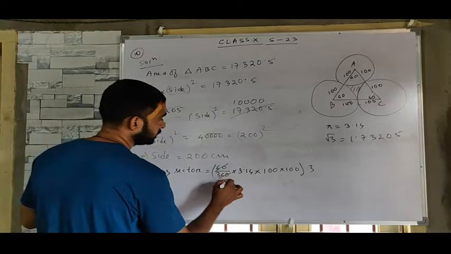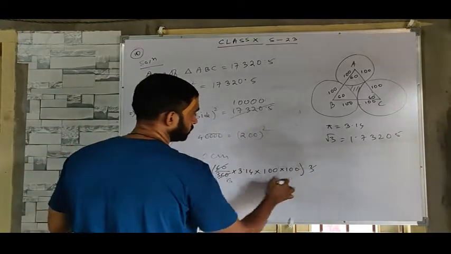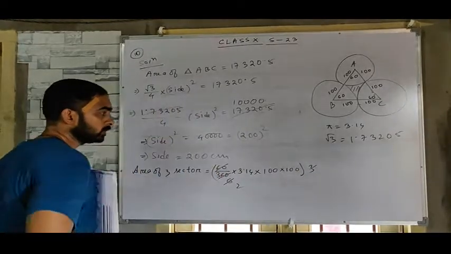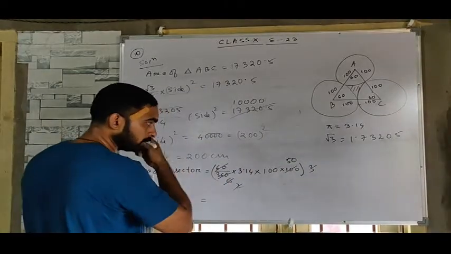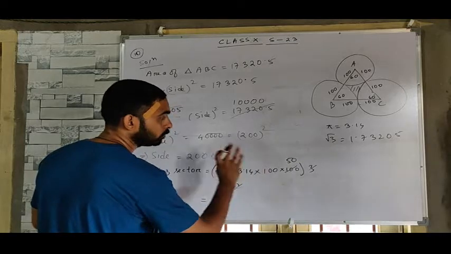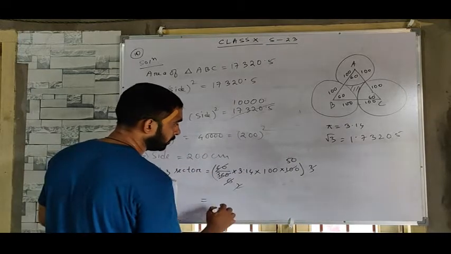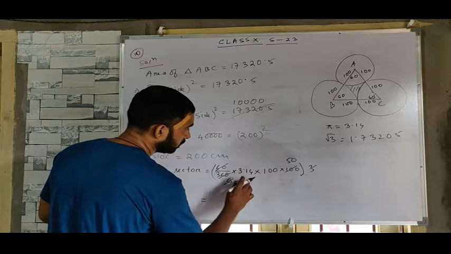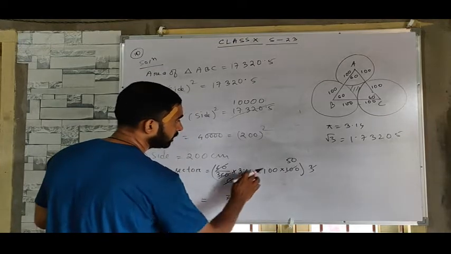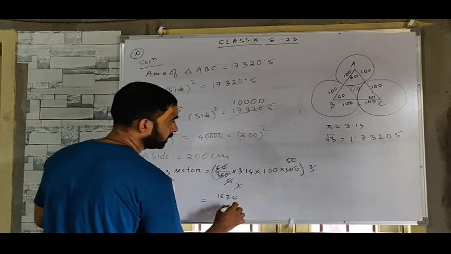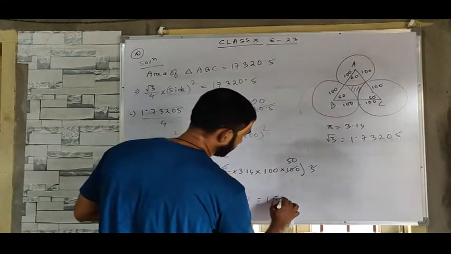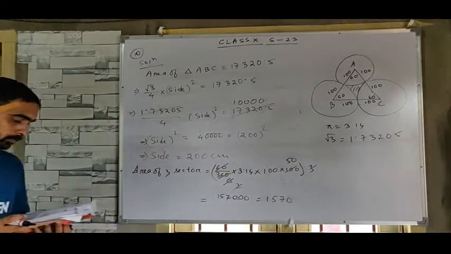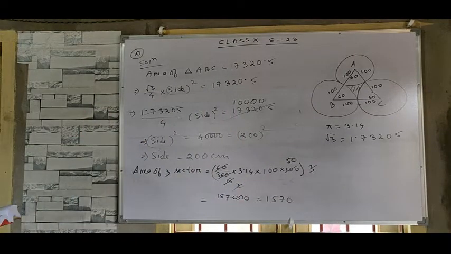Calculating, 314.5 with two more zeros, and the answer is 1570.